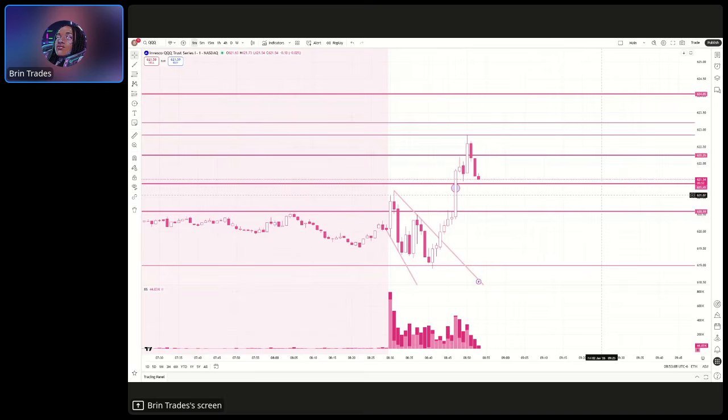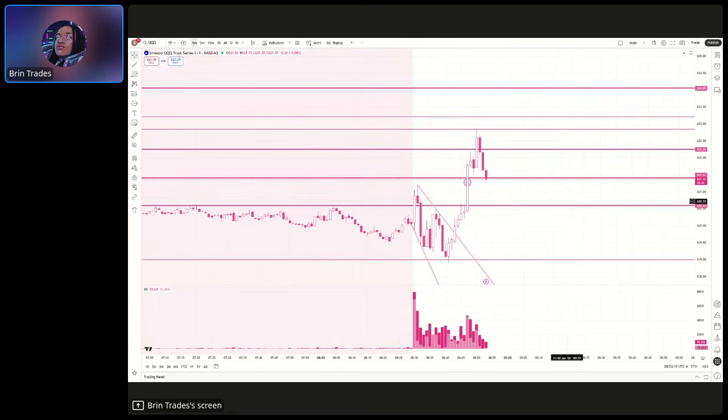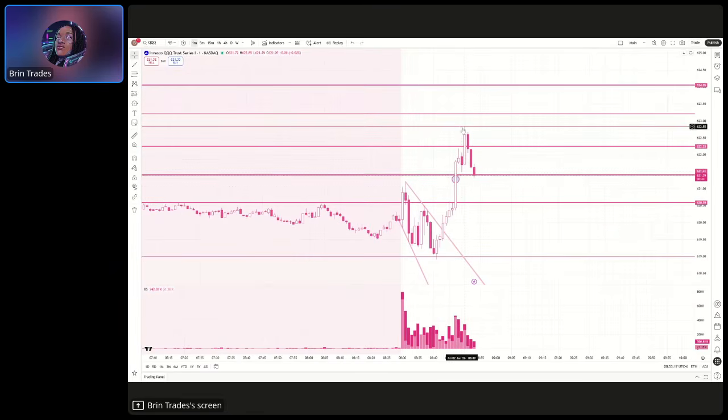Contracts are down 4%. It's literally treating these gaps like support and resistance. Down 16%.